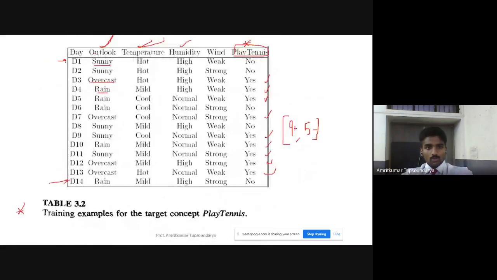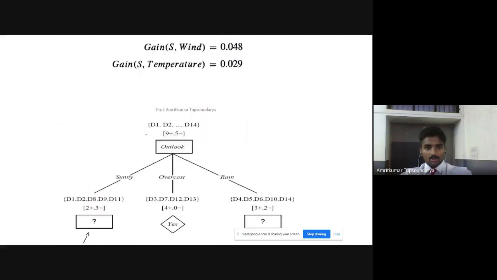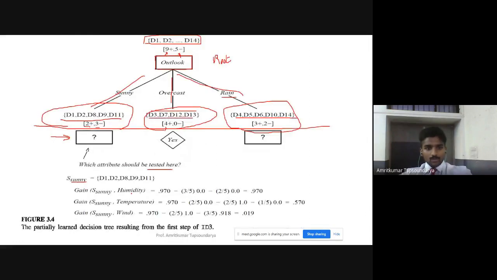So for sunny, we have D1, D2, D8, D9, and D11. These are the five training examples, right? Now we are only computing for this particular node.